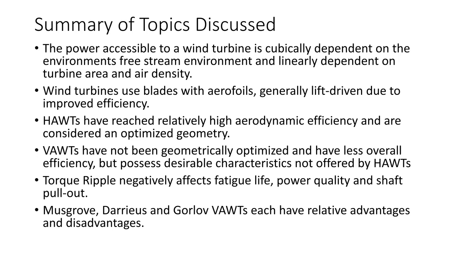Vertical axis, not optimized, and we have less overall efficiency, but we have a bunch of desirable characteristics that horizontals don't have. Torque ripple negatively affects fatigue life, power quality, and shaft pullout, so it's something we need to consider and avoid. And there are three variations commonly of vertical axis wind turbines, each with their relative advantages and disadvantages.